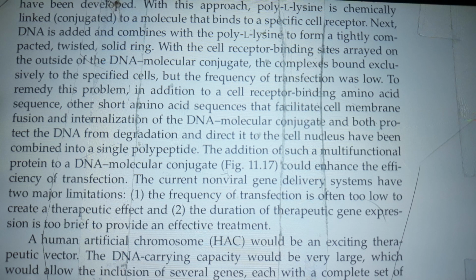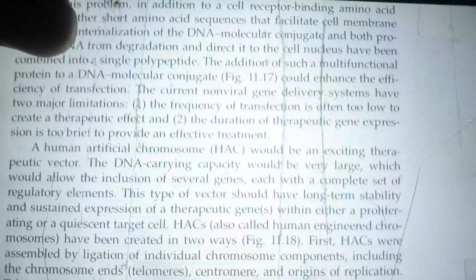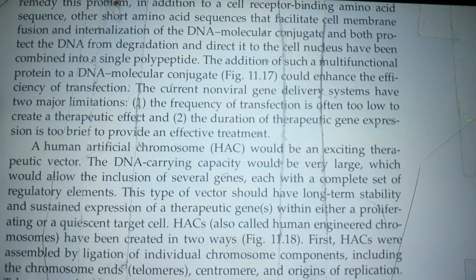To remedy this problem, in addition to a cell receptor binding amino acid sequence, other short amino acid sequences that facilitate cell membrane fusion and internalization of the DNA molecular conjugate, and both protect the DNA from degradation and direct it to the cell nucleus, have been combined into a single polypeptide.